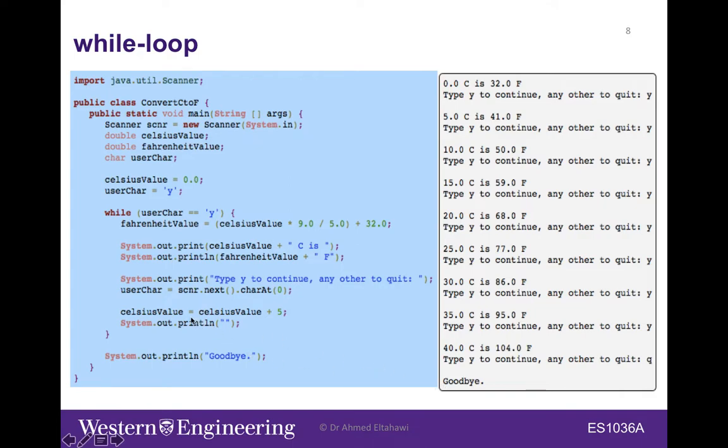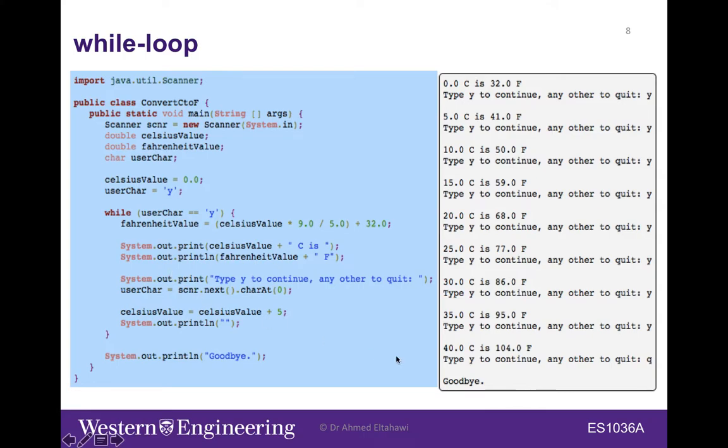So what happens, guys, if we remove this line and I'm not updating this variable inside the loop? The value of user character will stay equal to y forever and it will remain inside this loop forever. Is this correct? So this is a straightforward use of a while loop if I don't know in advance how many iterations there will be.